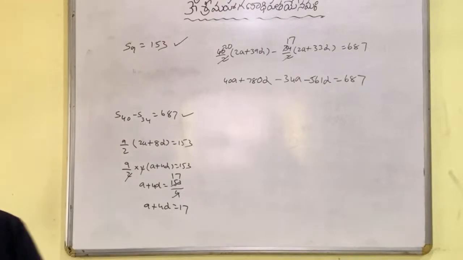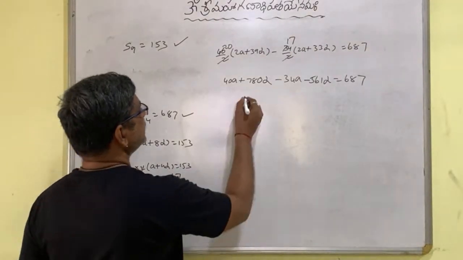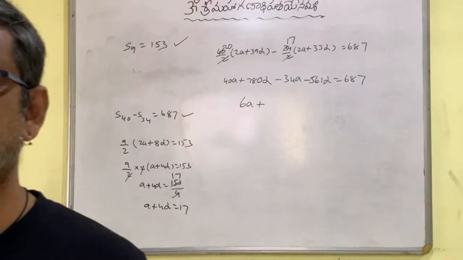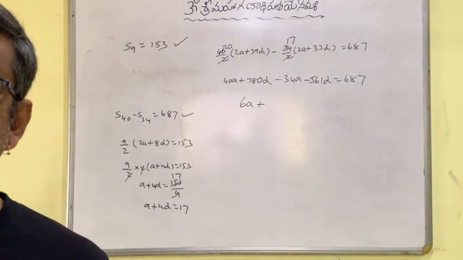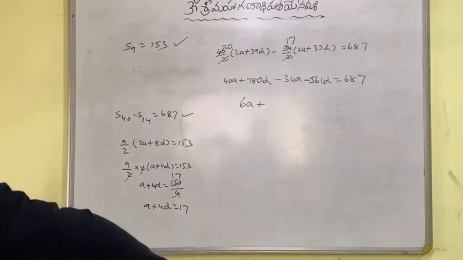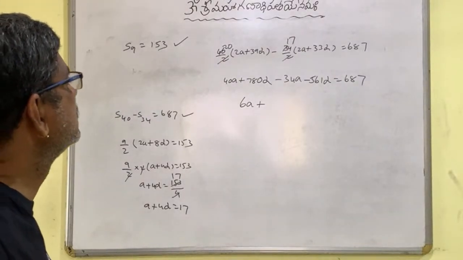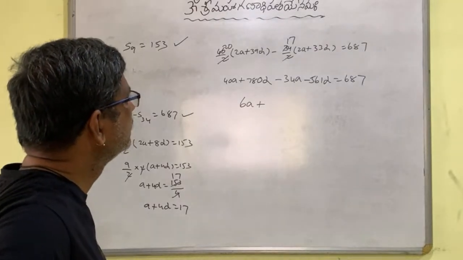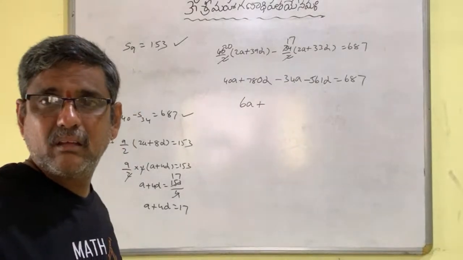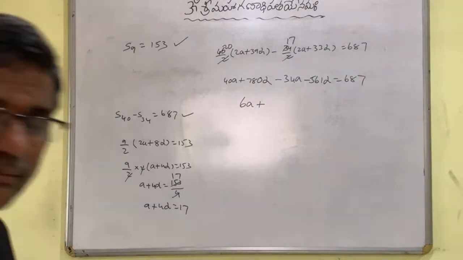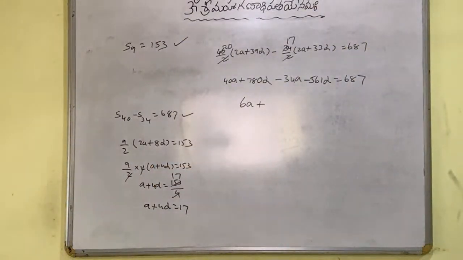Simplify. 6a plus 219d is 687. What is 687, right?